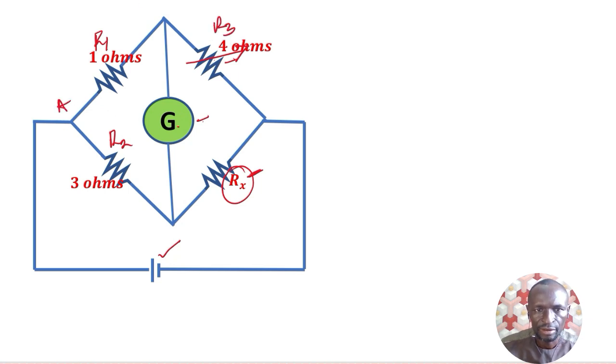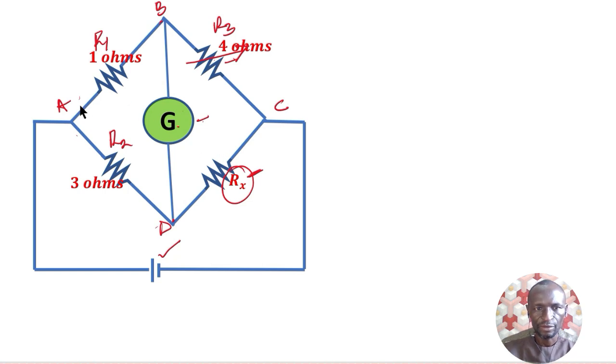Let's tag here E. This is B, C, and this is D. For this galvanometer to be balanced, the resistors across this arm, A, B, and C, will become proportional to the resistors across A, D, and C. Now, the potential at this point D and the point B becomes equal. So at that point, the Wheatstone bridge is balanced.